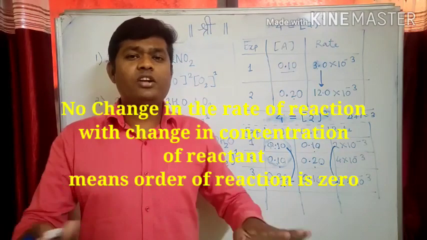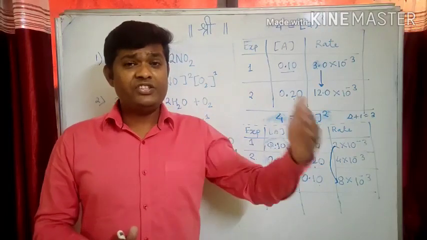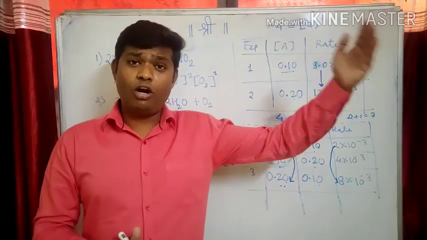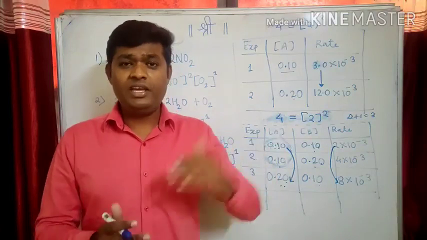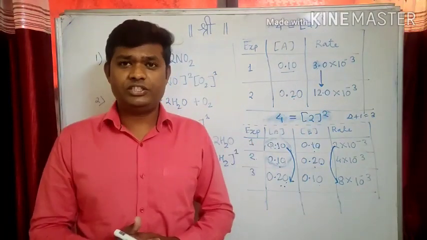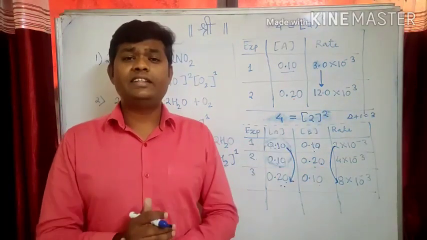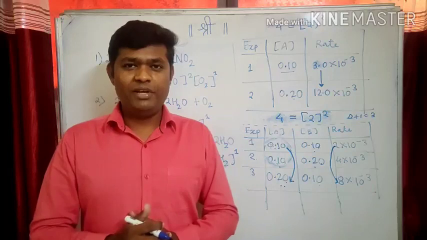If the rate is not changing, the order will be 0. And if the rate is increasing, the order will be positive. And if the rate decreases by increasing the concentration, the order will be negative.